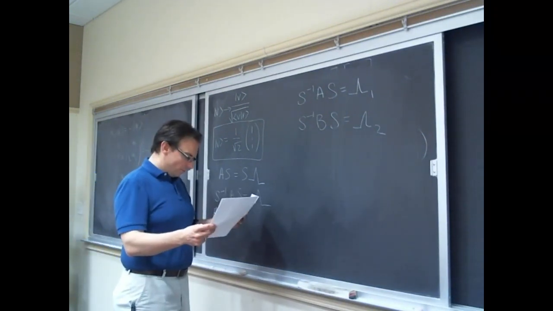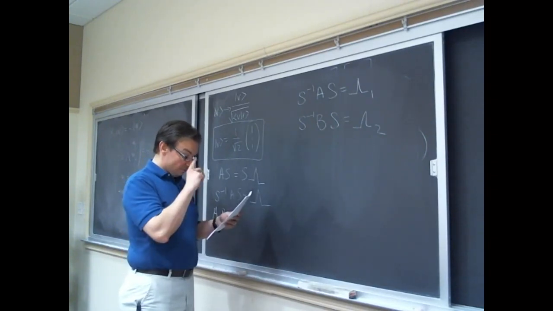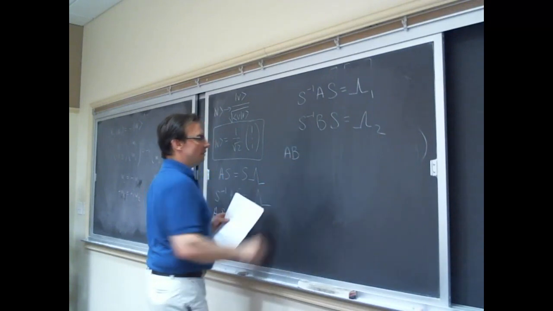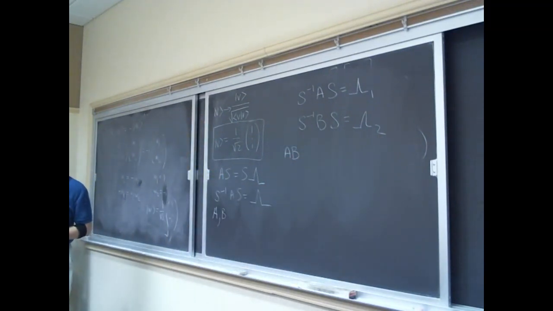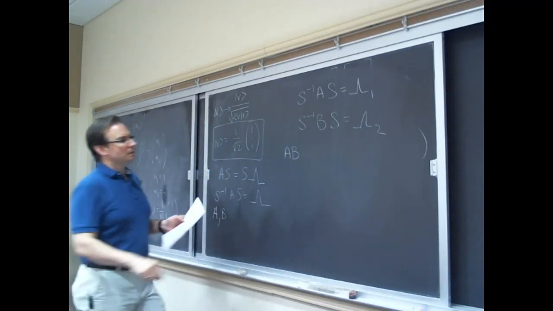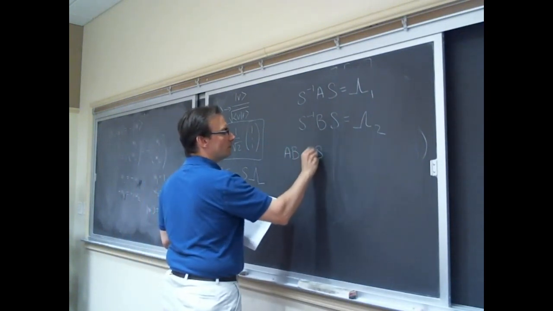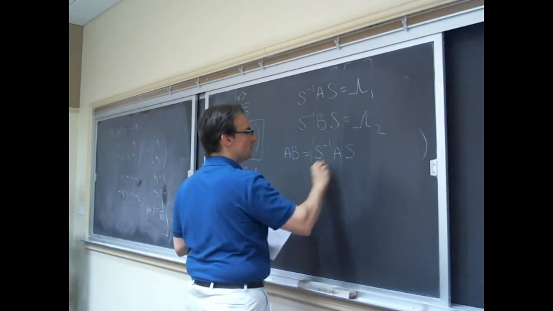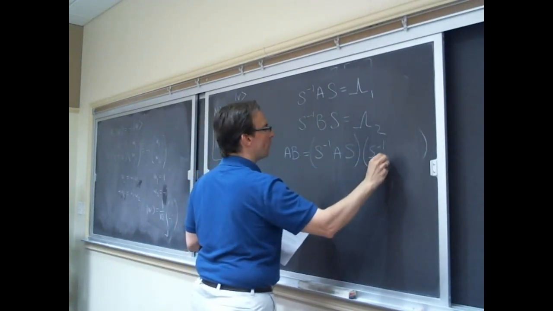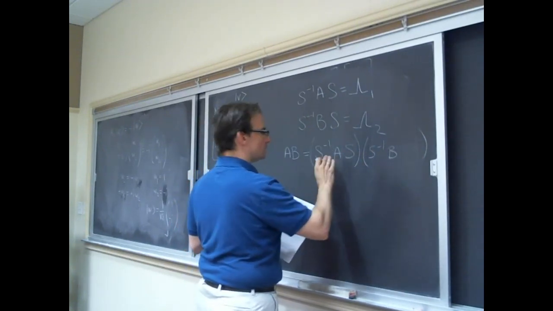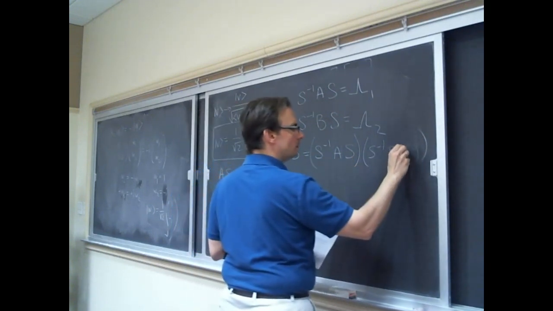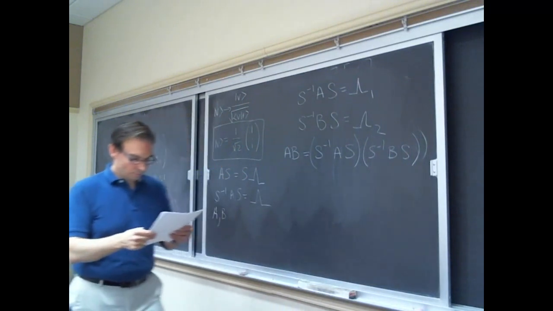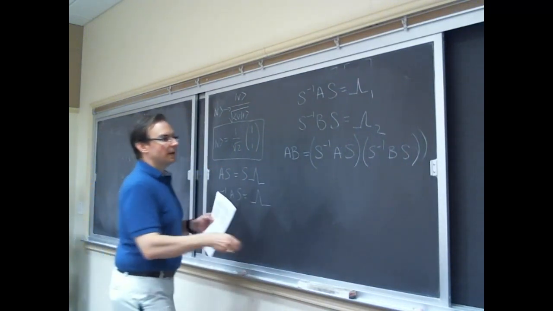Well, what we find out is that we can write AB, the product of the two operators, simply in terms of this expansion, S, A, S minus 1, B, sorry, hang on a second.